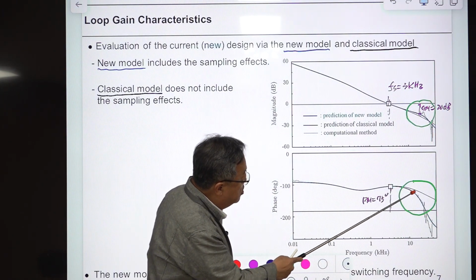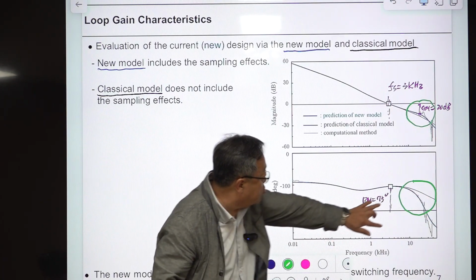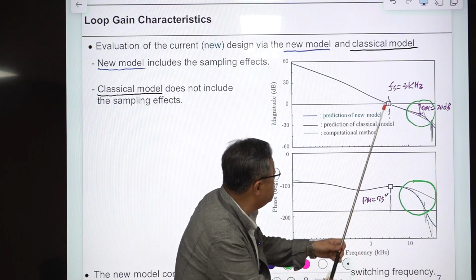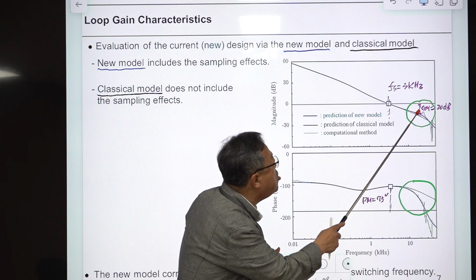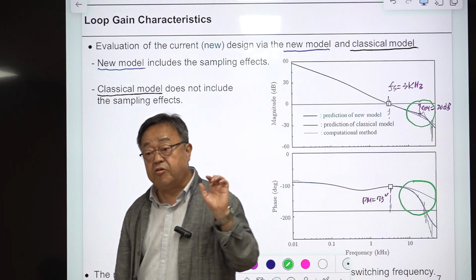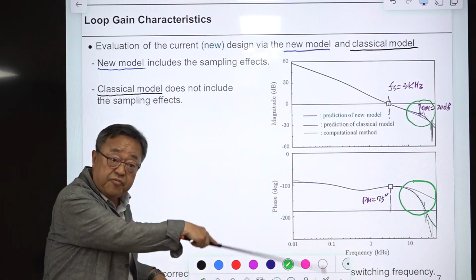Okay, this is the prediction of the new model. This is the prediction of the classical model. So there is a difference, but it really doesn't matter unless it goes up like this; then there's a big difference. One is stable, the other one is unstable. But other than that, this difference is not that meaningful.